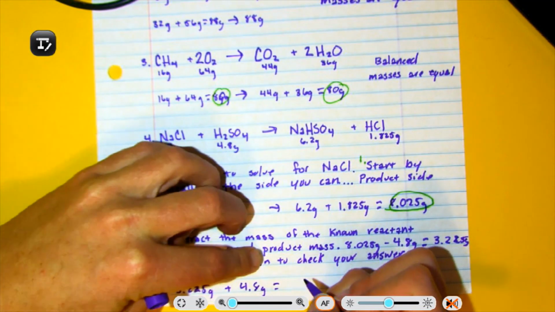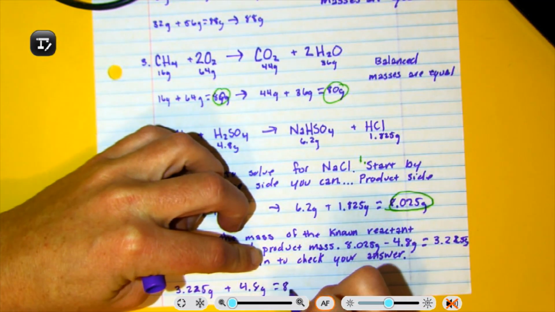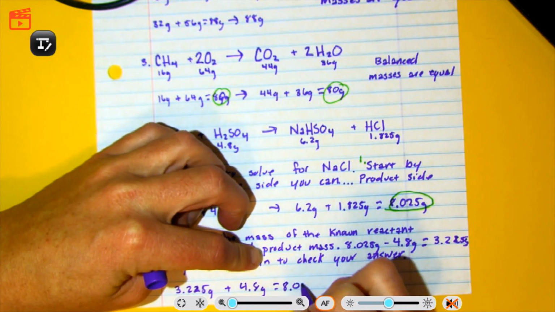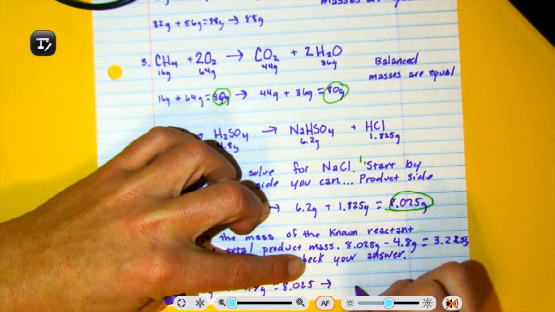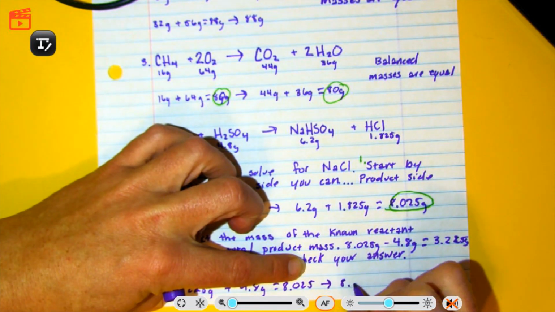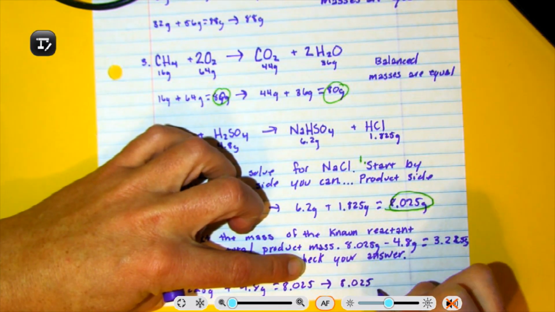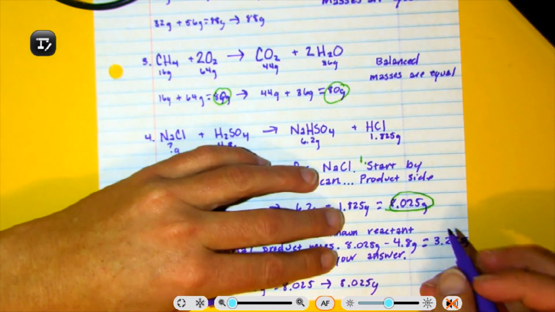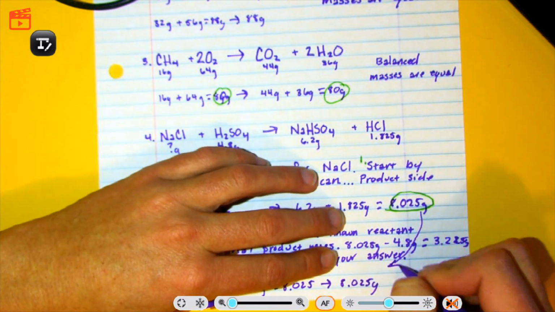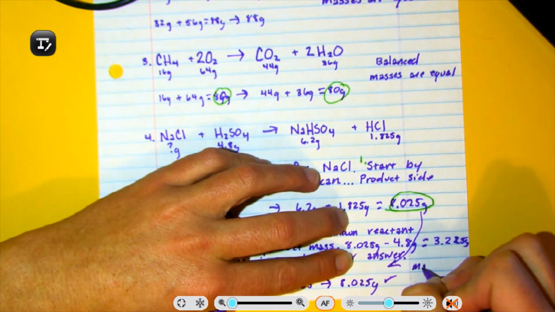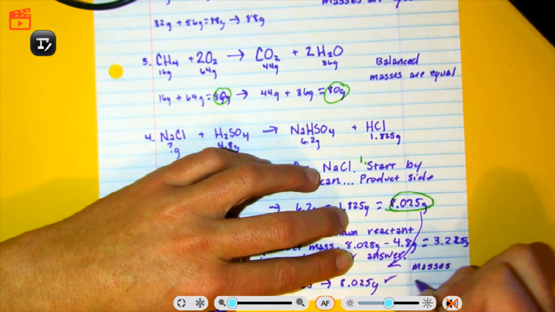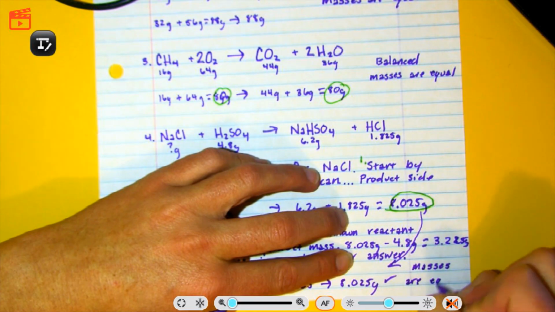When we add that together, it equals 8.025. And that's what we wanted, right? Because that's what we had as our total on that side. And that checks out, and our masses are equal.